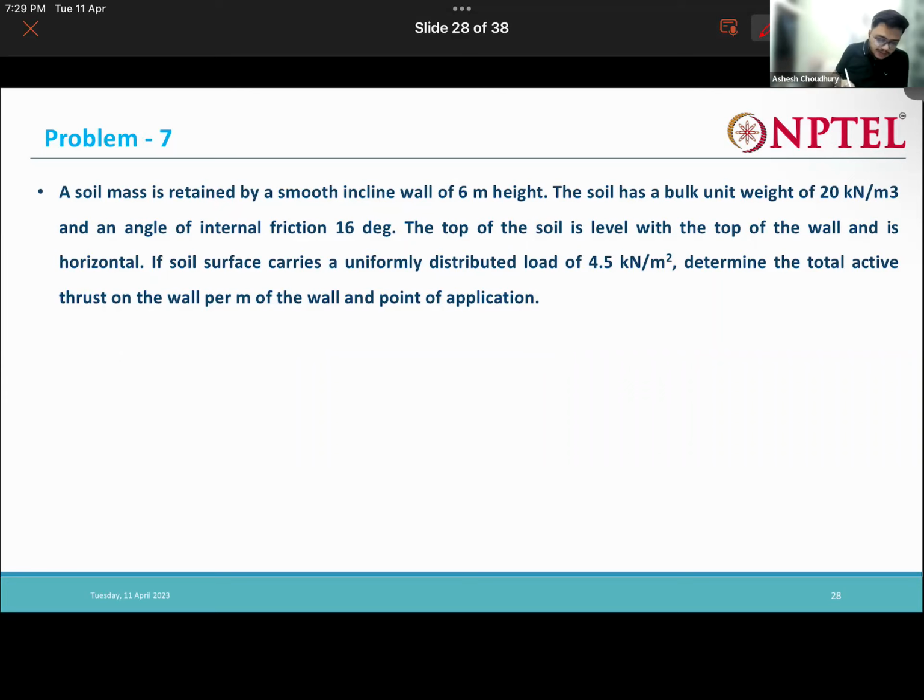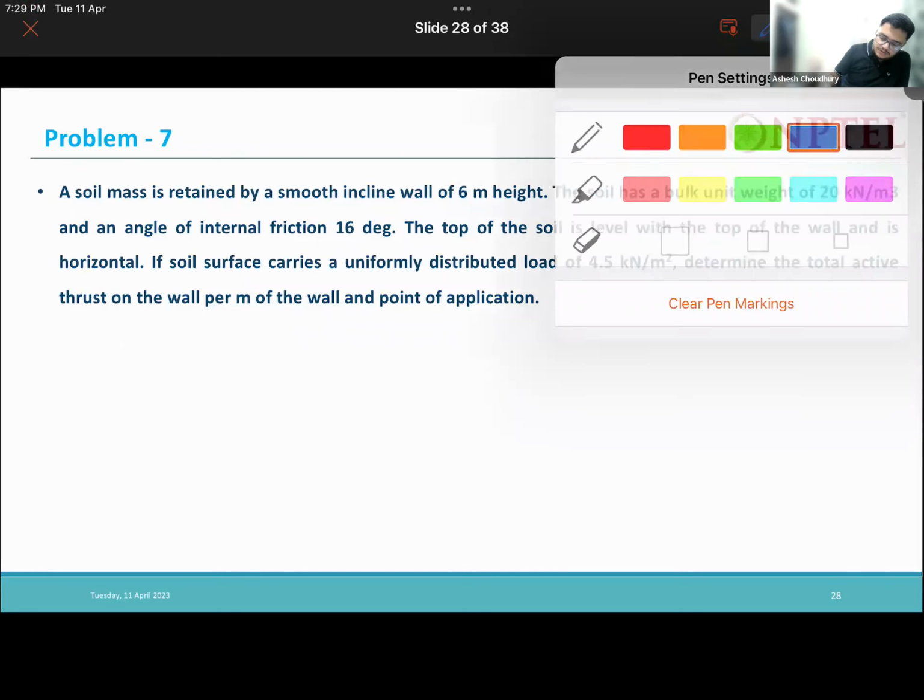Okay, so I will draw the diagram of this wall that is given in the question.